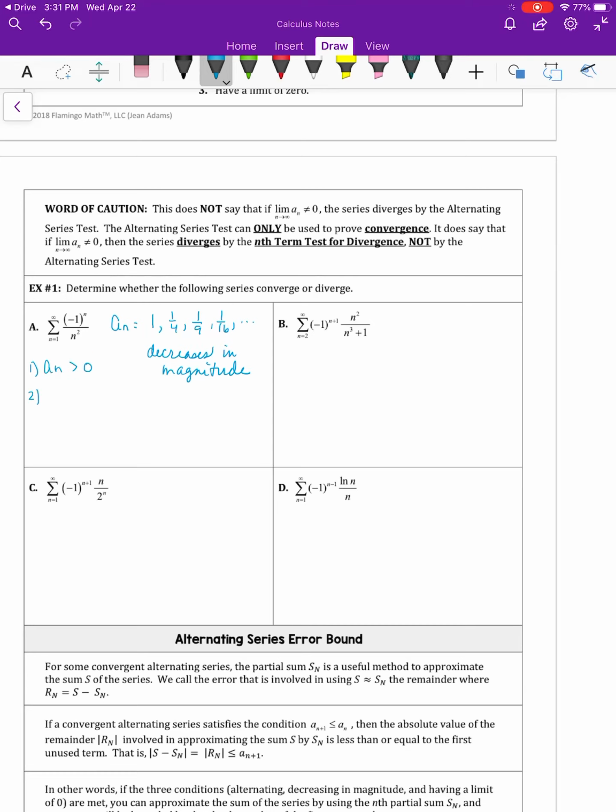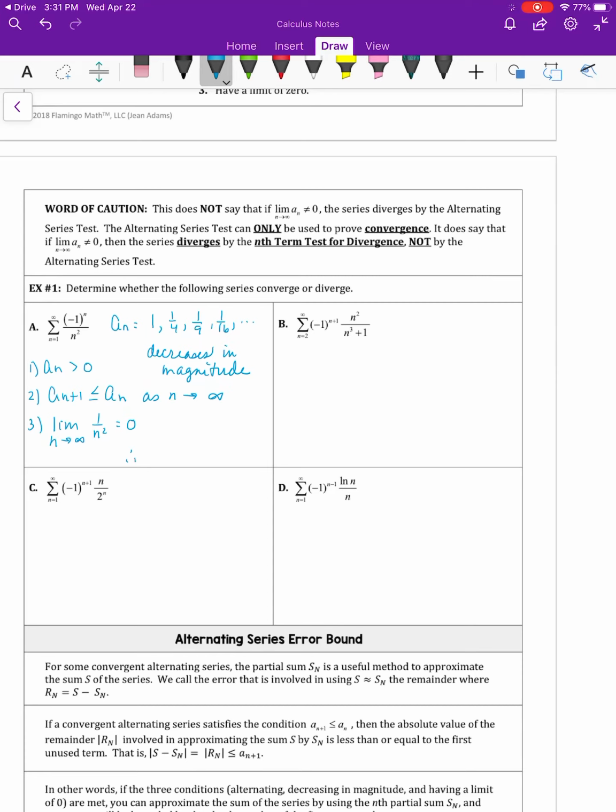Does it decrease in magnitude? Yes. It decreases in magnitude. They are getting smaller. So that's one of the things that we have to make sure is happening. So number one, all of my a sub n's are greater than 0. That was the first thing that they said we had to have.